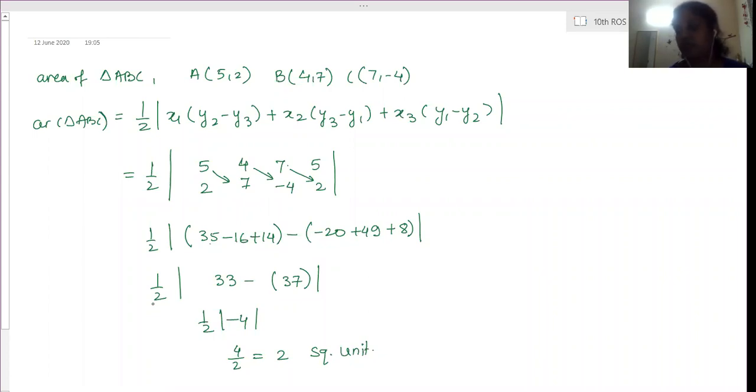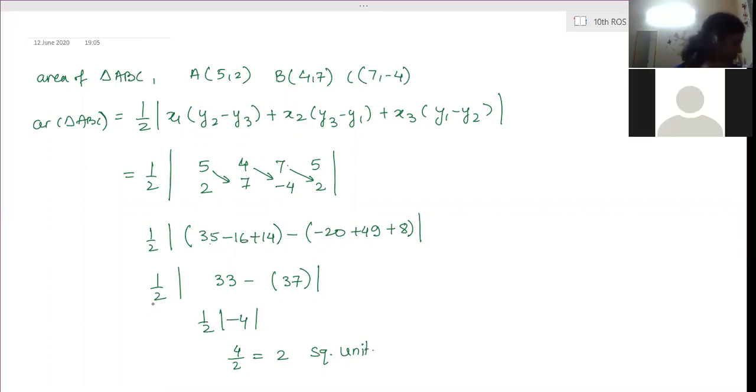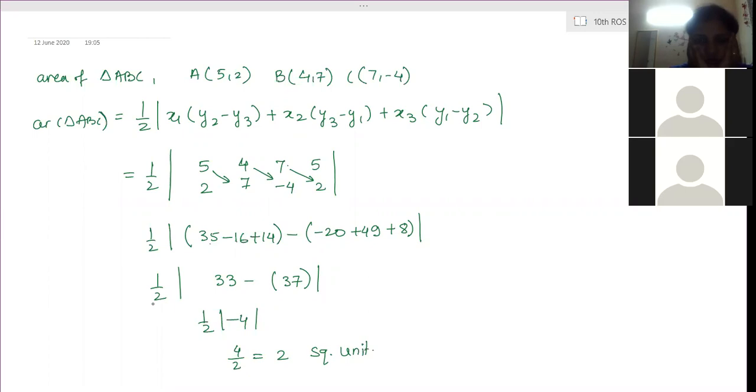Is this clear? Yes, ma'am. Ma'am, I didn't understand the second step, like the cross multiplication, how the 8 and all came.